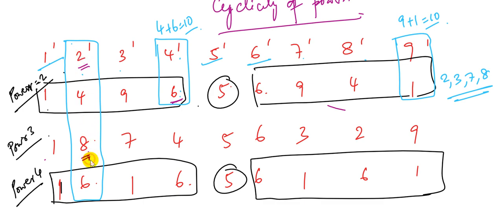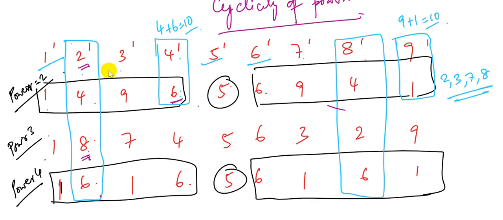So 2 plus 8 is 10, and 4 plus 6 is also 10. So 2 raised to an odd power will end in a 2 or an 8, and 2 raised to an even power will end in a 4 or a 6. So 2, 4, 8, 6 is the cyclicity of 2, and 8, 4, 2, 6 is the cyclicity of 8.